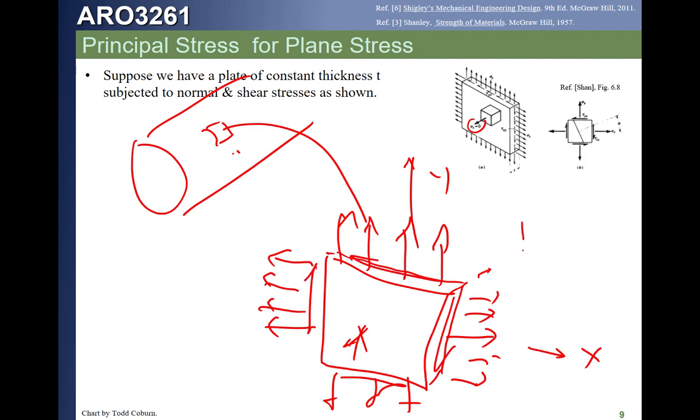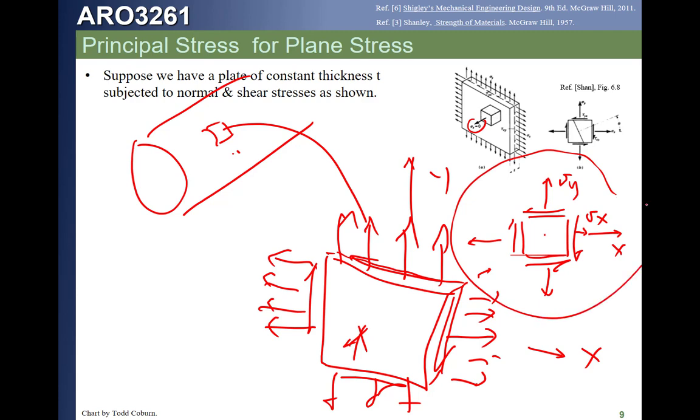And if we draw the little element, what that means is in the x direction, we're going to have normal stress. We're going to have stress in the y direction. We're going to have shear stresses. And this other z face is unloaded. So this is showing the complete stress state on that element.